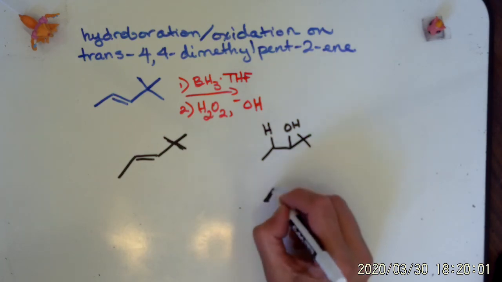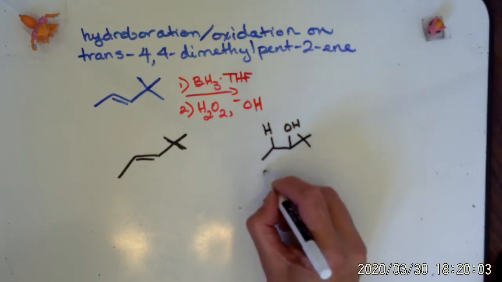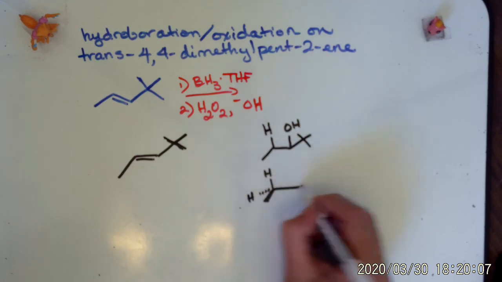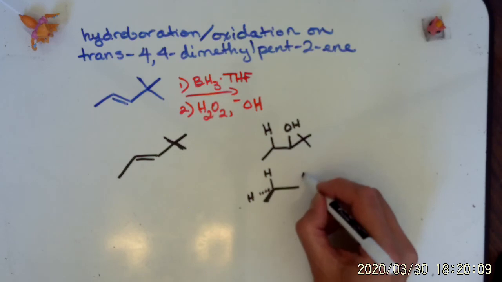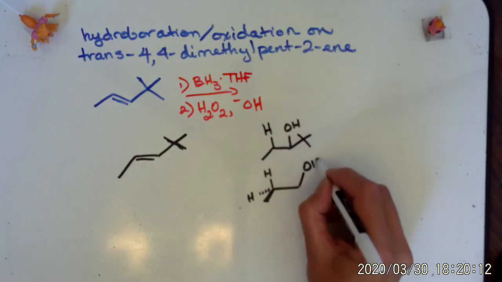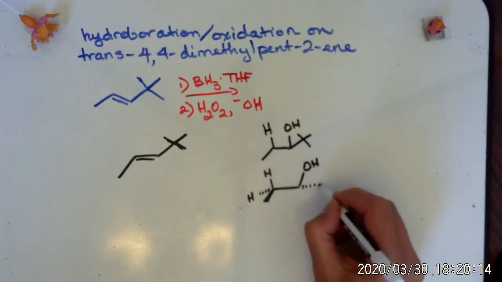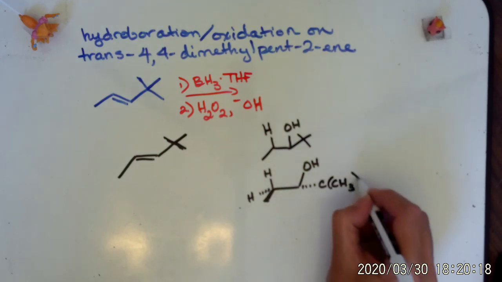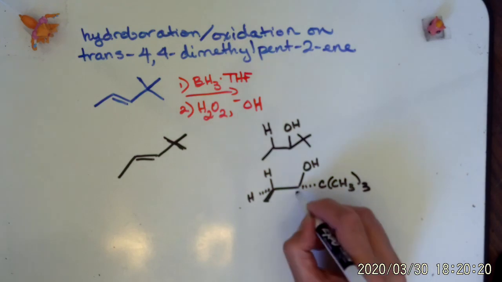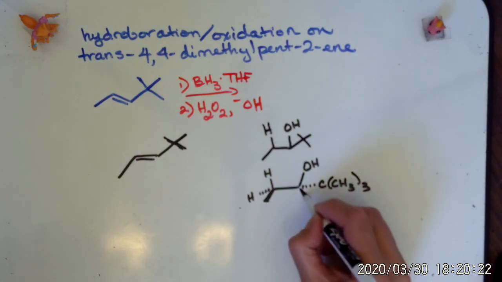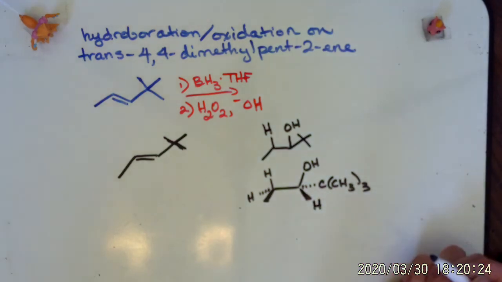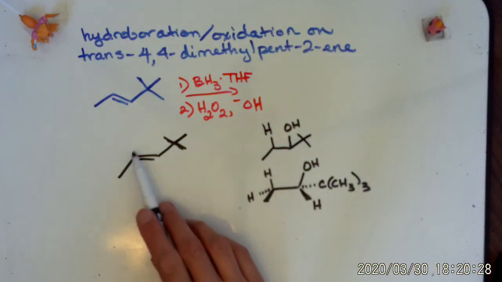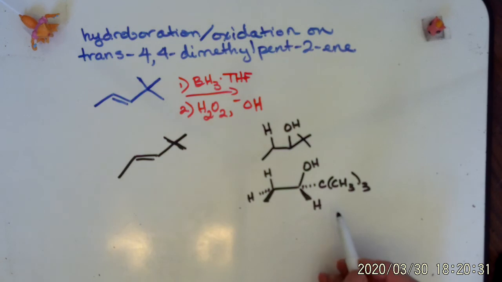That's my methyl group. Here's my hydrogen. Hydrogen gets pushed down. Here is my hydroxyl. The tert-butyl goes in the back. And my hydrogen comes out in front. Okay, so basically I've added my hydroxyl here, I added H here, but it's cis addition.